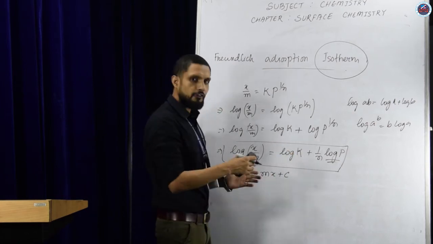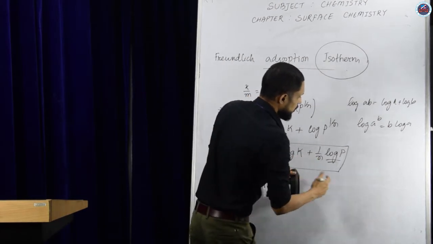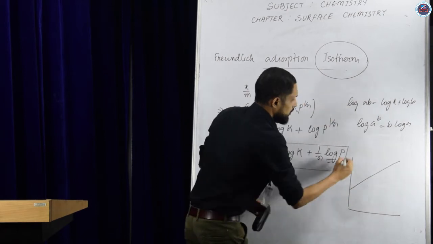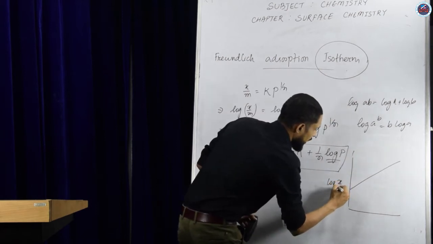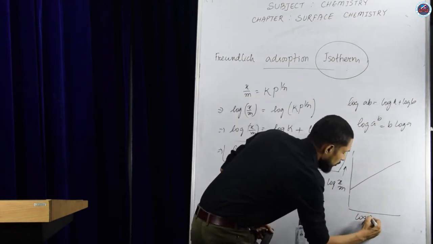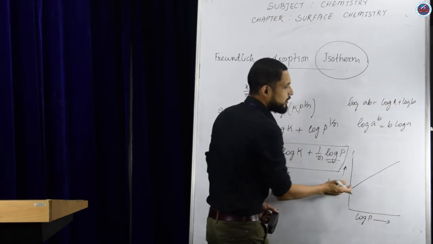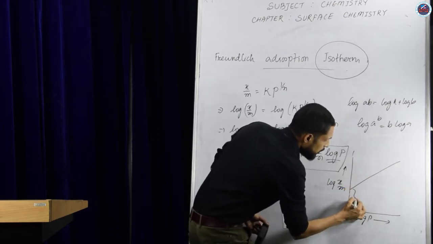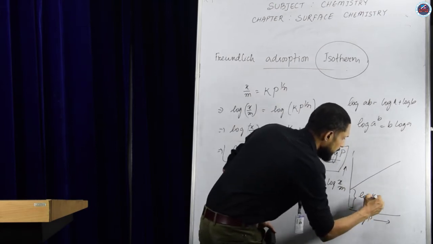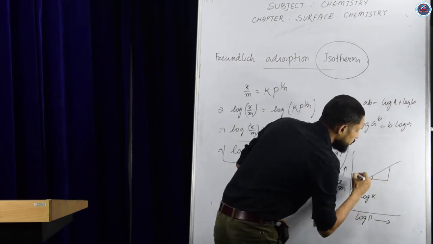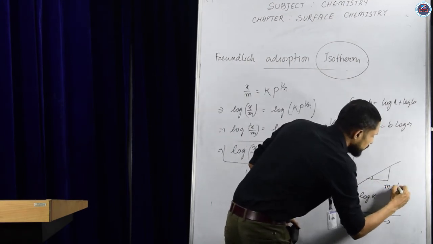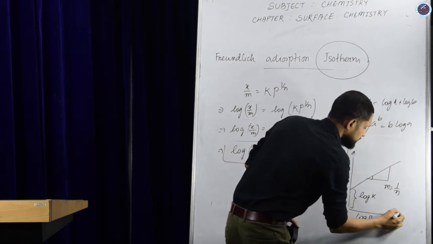So if we draw a graphical representation for this equation, taking log x by m along y-axis, log of pressure along x-axis, we'll get this curve. This is known as intercept, which is given by log k. And if we calculate the slope for this curve, the slope is equal to 1 by n.